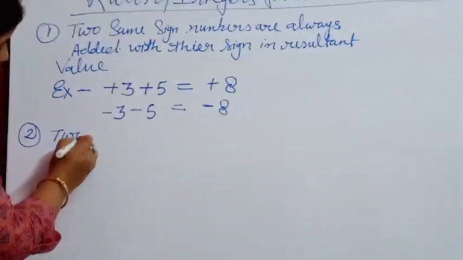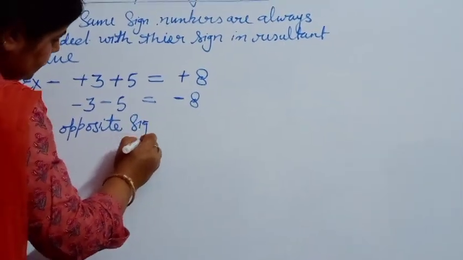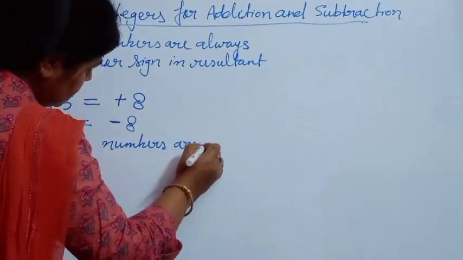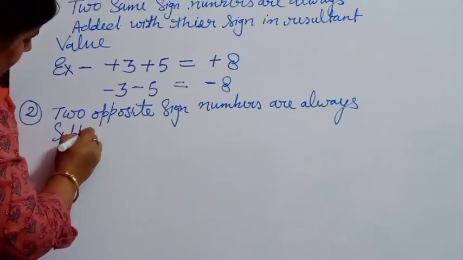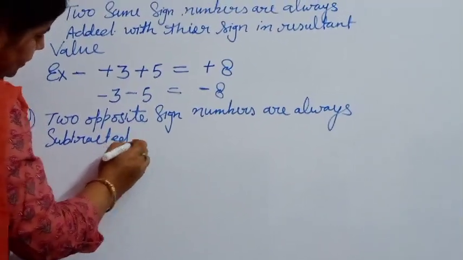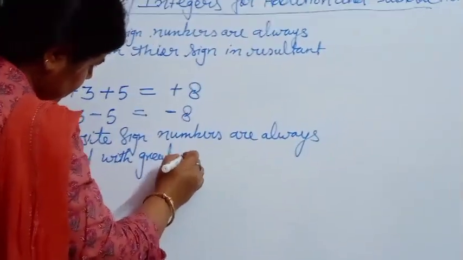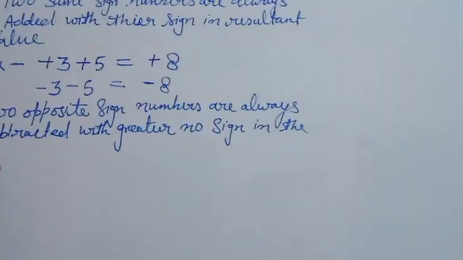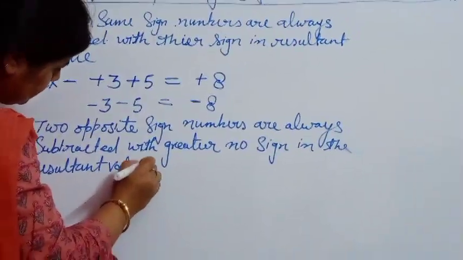And the second rule will be: two opposite sign numbers are always subtracted with the greater number's sign in the resultant value.